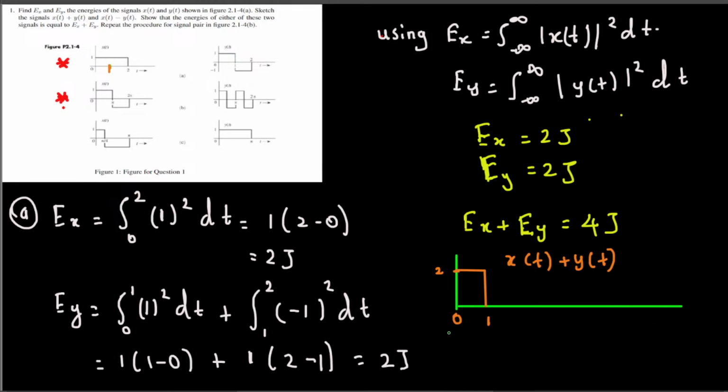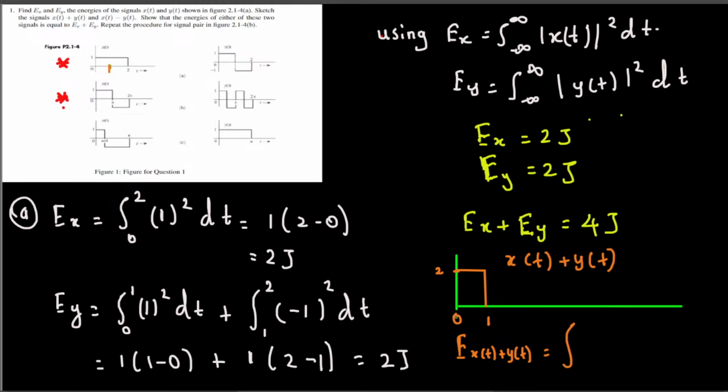Now let's go ahead and calculate the energy for this. So the energy of x of t plus y of t is equal to the integration.